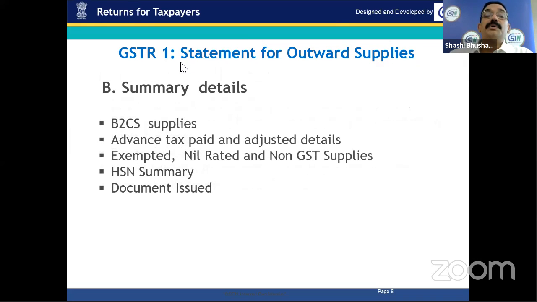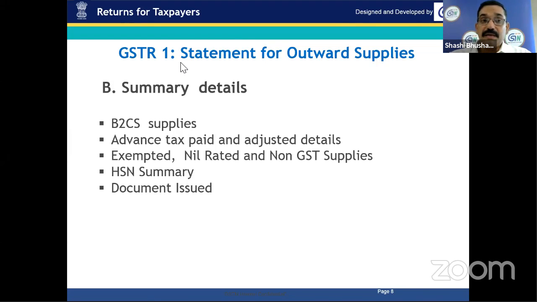Then in another group in this GSTR-1, we have to declare data in a consolidated manner for the whole month at the end of the month. These are supplies to consumers within the state or small value supplies to consumers outside the state, and advance tax paid and adjusted. These are place of supply state-wise and rate-wise, and then a consolidated declaration of exempted, nil-rated, and non-GST supplies, and the HSN summary.